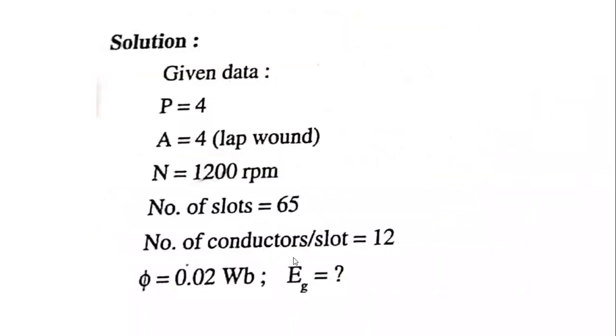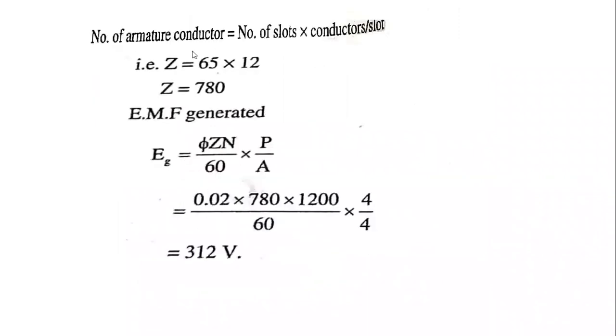This is the given data and we will find the Eg value. Therefore, Z is equal to 65 into 12. Number of armature conductors is equal to number of slots into conductors per slot. Number of slots is 65 and conductors per slot is 12. Therefore Z is equal to 780 conductors.